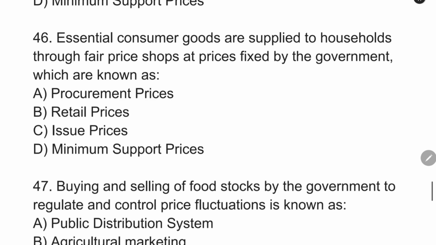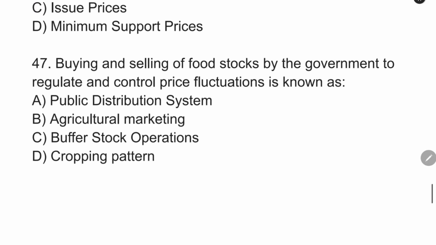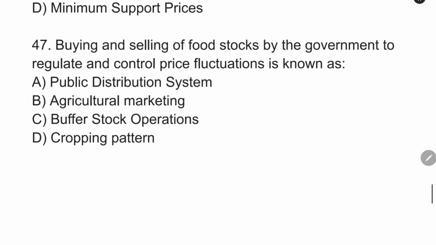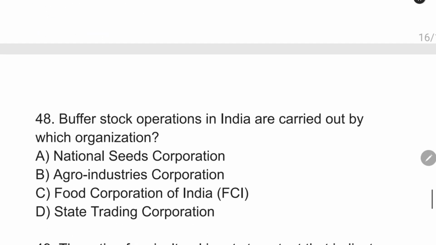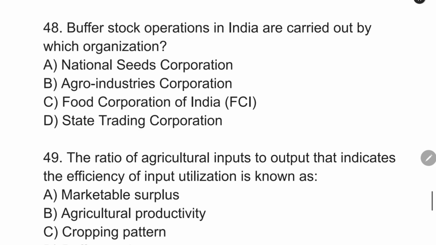Essential consumption goods are supplied to households through fair price shops at prices fixed by the government, which are known as retail prices. Buying and selling of food stocks by the government to regulate and control price inflation is known as buffer stock operation. Buffer stock operations in India are carried out by which organization?